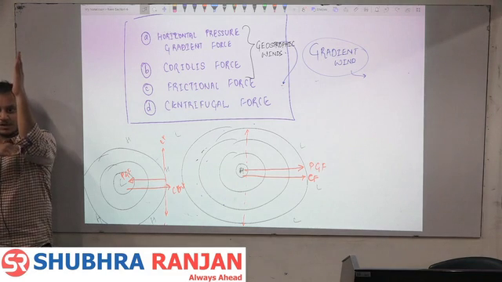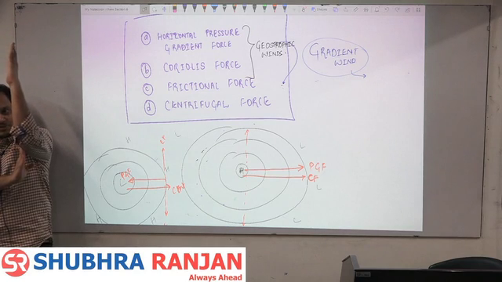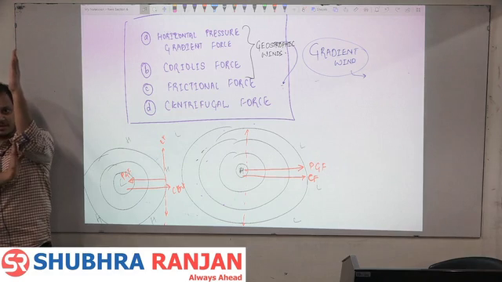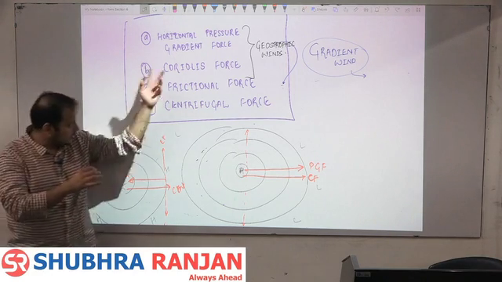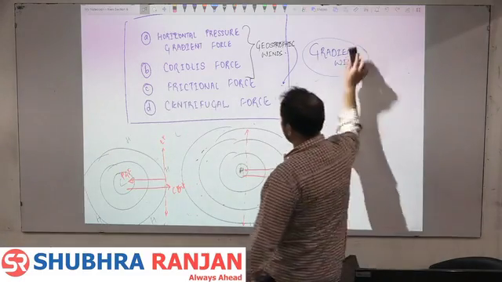So Coriolis force tries to balance the pressure gradient force. As the Coriolis force tries to balance the pressure gradient force, wind instead of moving straight starts to flow parallel to each other. We'll come to this, ये चार चीजें हैं. So that is why it is a bit technical sometimes.